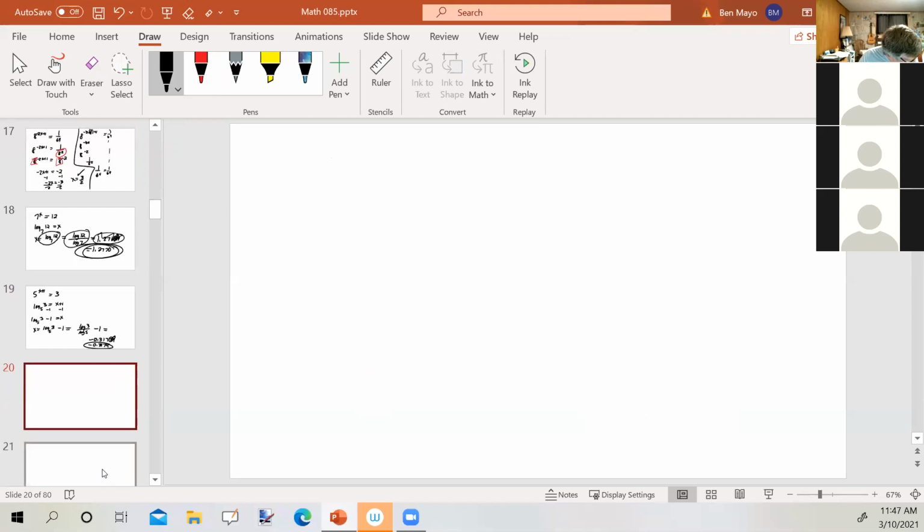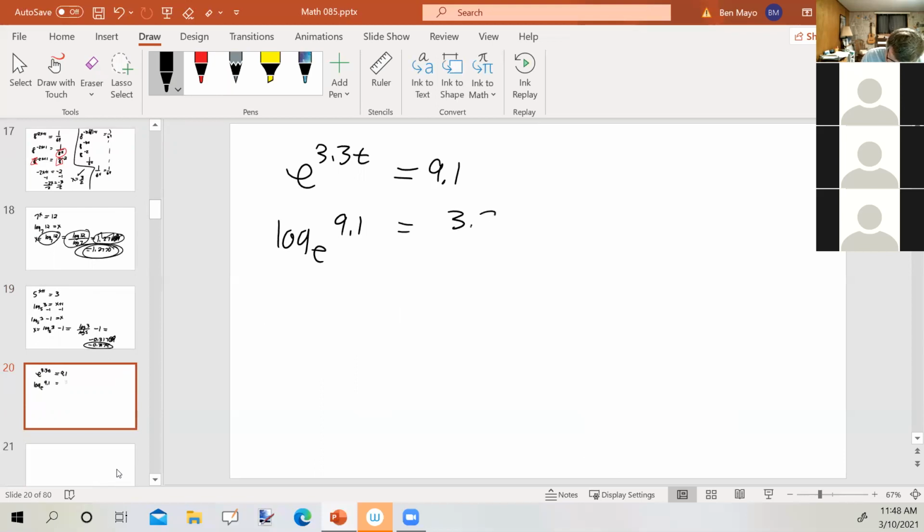Let's take a look at another example. Let's say I've got e raised to the 3.3t power equals 9.1. Well, I have no idea how to take 9.1 and write it as e to some power, but I could change this to a logarithmic equation, and I'd have log base e of 9.1 equals 3.3t.